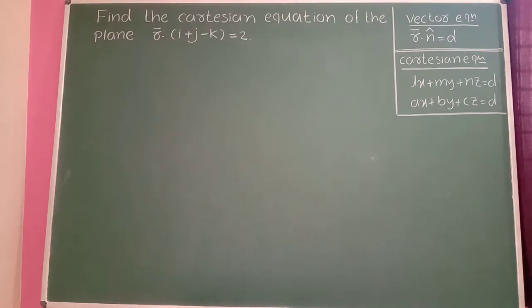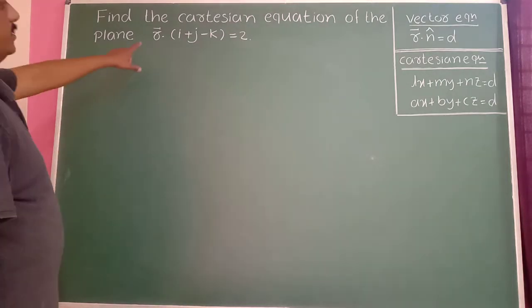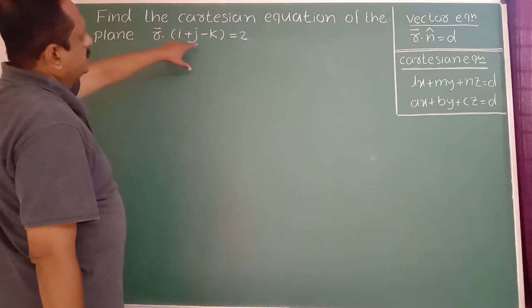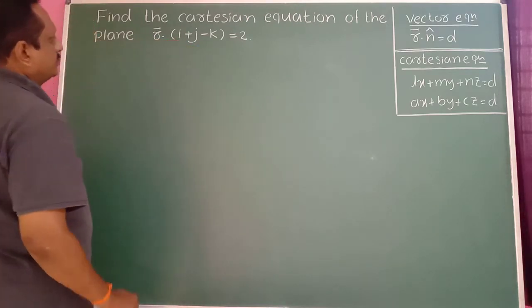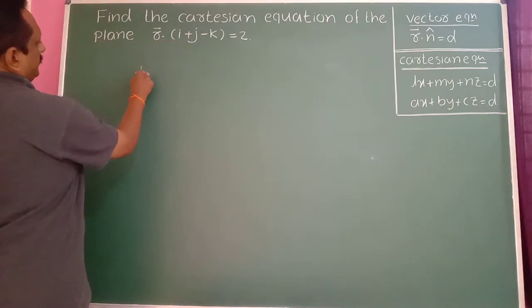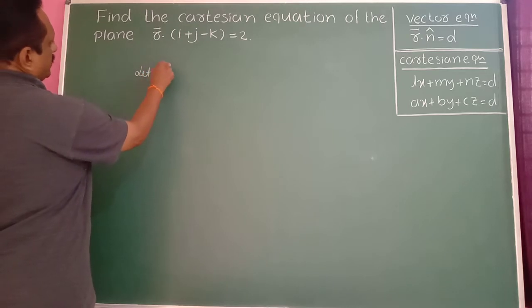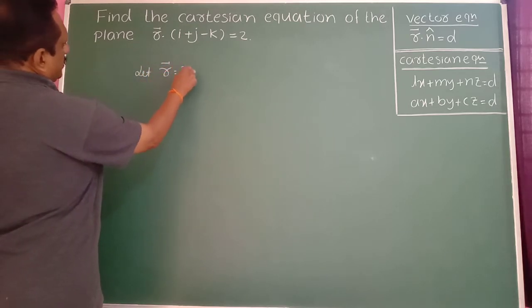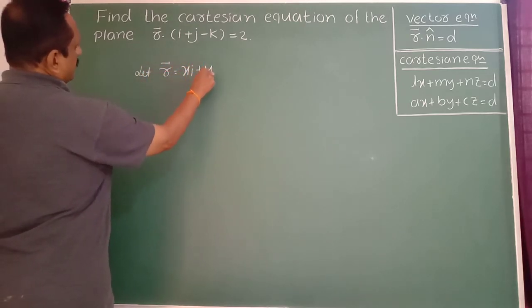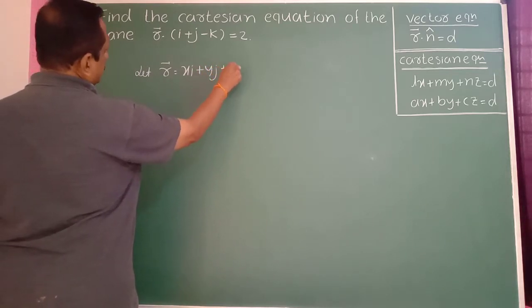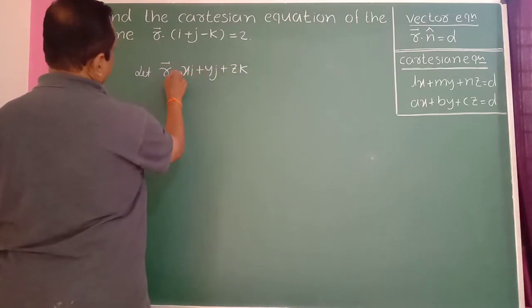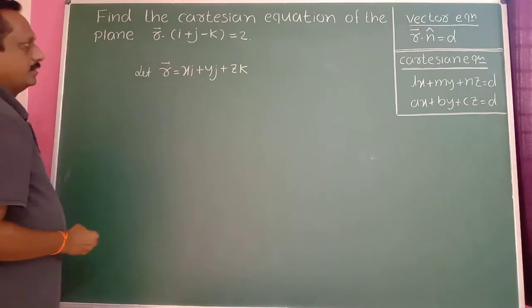Write the Cartesian equation of the plane r bar dot (i + j - k) is equal to 2. So let r bar be equal to xi + yj + zk.